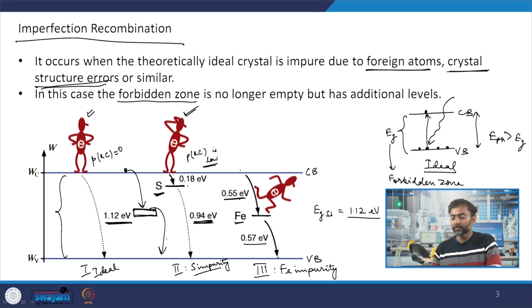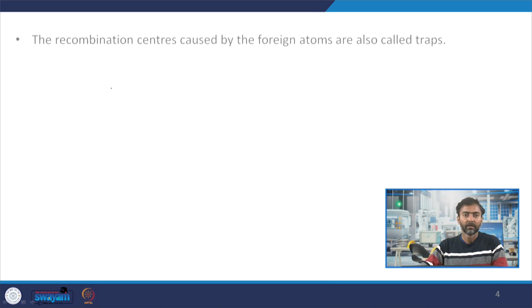So all these types of impurities, either foreign atoms or crystal structure errors, provide an easy escape path for the electron to recombine with the hole without going to the external circuit and without giving the usable photocurrent output. So this is an undesirable phenomenon. We want to cut down on this phenomenon.